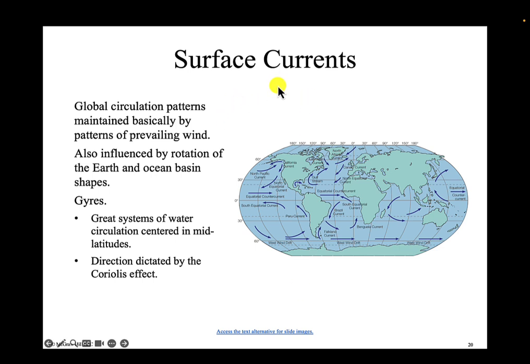Surface currents are essentially how the water moves through the globe. But again, the way this water moves will depend on the density, which we already talked about. It will also depend on the shape of the ocean floor, the ocean basin shape, and on the rotation of Earth. That's what we call the Coriolis effect. The Coriolis effect determines that the water in the northern hemisphere will rotate to the right, in a clockwise direction, as you can see here.